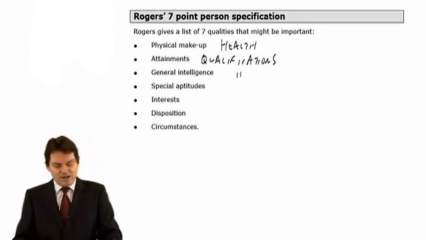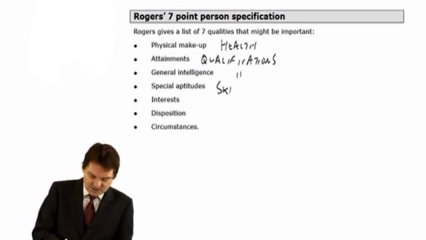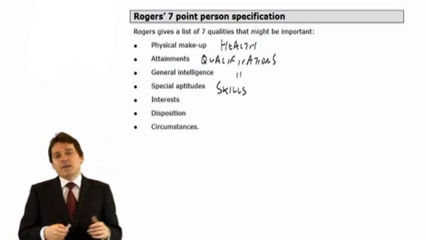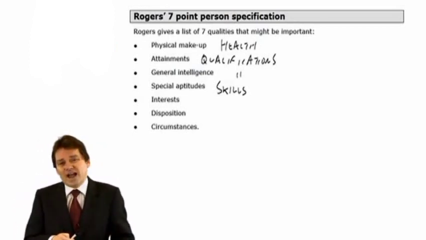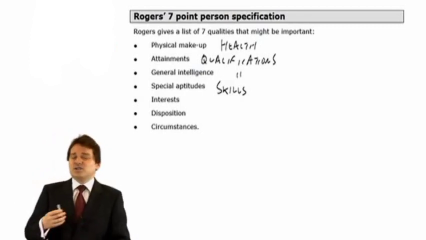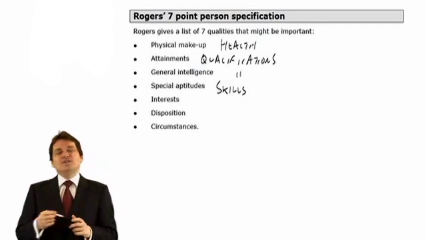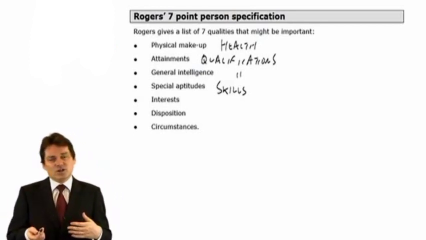Any particular special aptitudes. So that might be particular skills that we have got. As far as being a lecturer is concerned, probably there aren't that many of them. I suppose you could include things like writing the material, which is different to talking about the material. It's different to delivering a lecture.